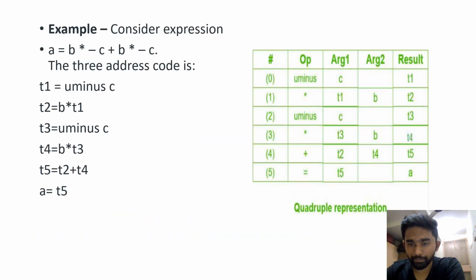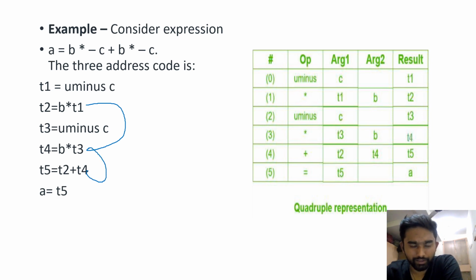So now we will see an example of quadruple representation, which is a = b * -c + b * -c. So we will store the value of unary minus c in variable t1, store the value of b * t1 in variable t2, and -c in t3, b * t3 in variable t4, and now we will add the values of t2 and t4 in t5.